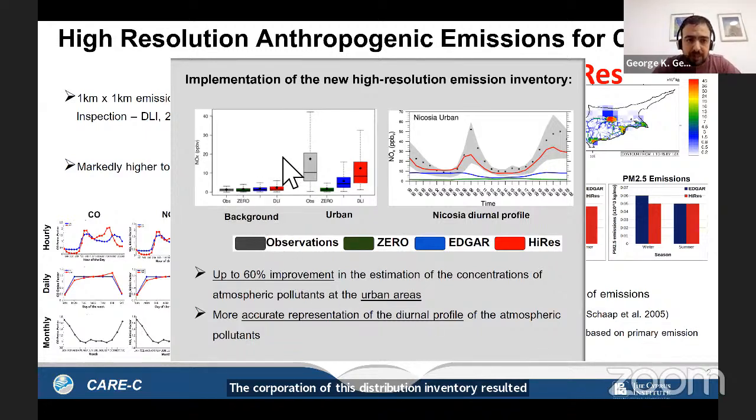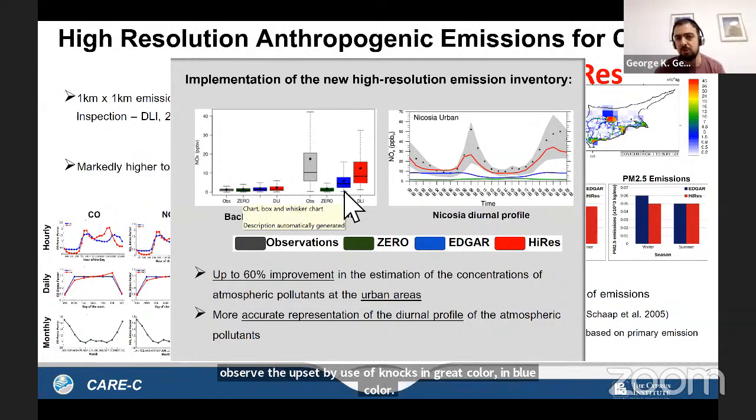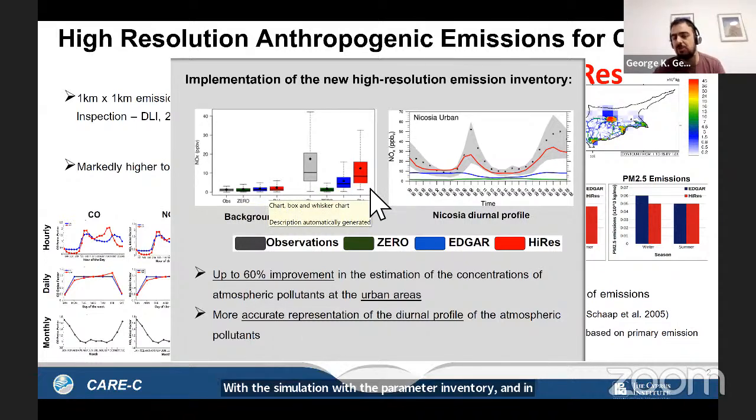The incorporation of this emission inventory resulted in an important improvement in the model performance. We can see here the box plots. The observed values of NOx are in gray, in blue the simulation with the EDGAR emission inventory, and in red the simulation with the new emission inventory.